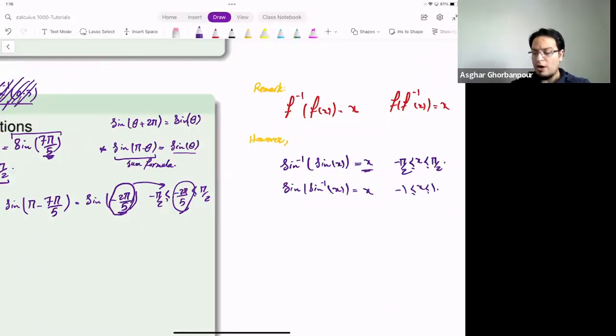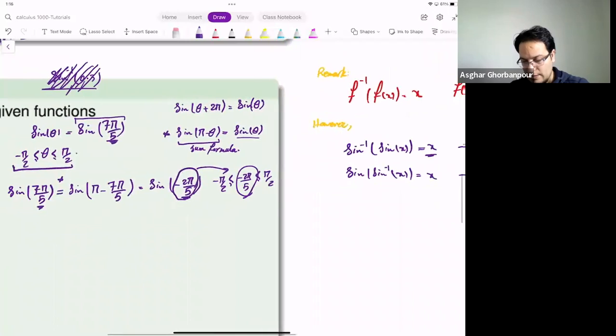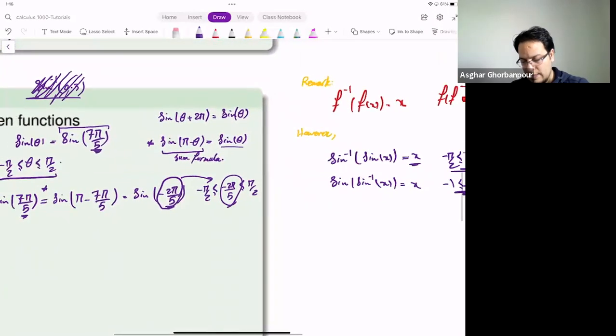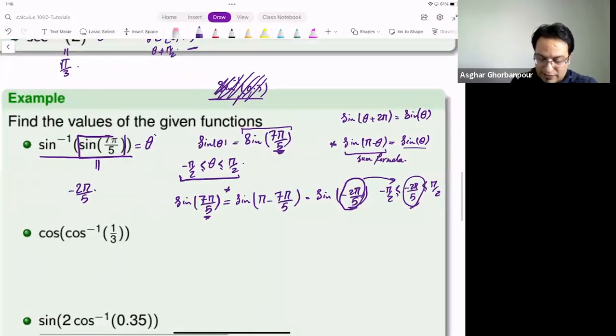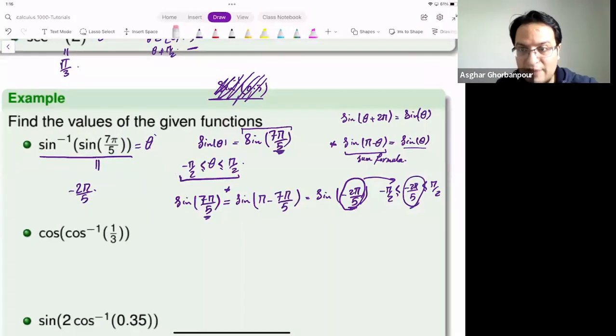This will only work for the domains of these functions. That's one of the examples that we have done already. You see, the sine inverse of sine of 7 pi over 5 is not 7 pi over 5. It's negative 2 pi over 5. It's a different thing.